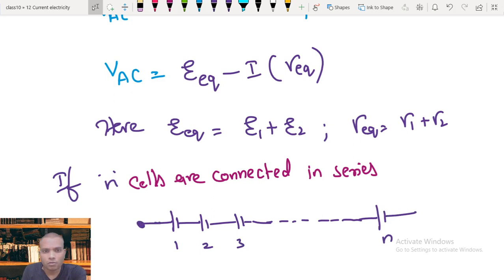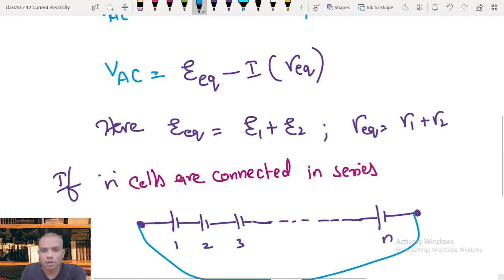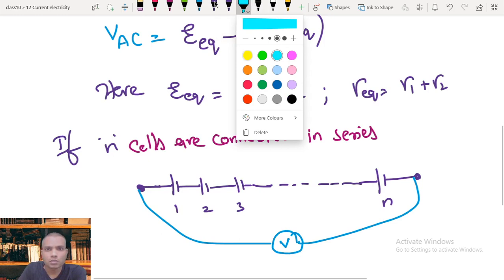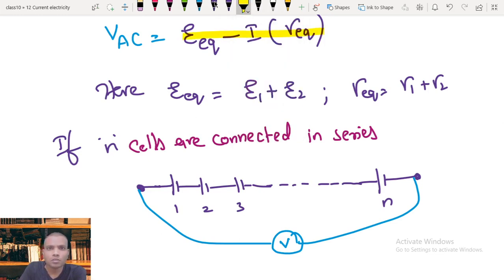Now if I connect the voltmeter to the two ends, from this end to the other end to know the potential difference, what is the expression for the potential difference if we connect a voltmeter? From the above expression, this is what we connected, the equivalent potential difference for the two cells. So for the n cells we will write the same expression.